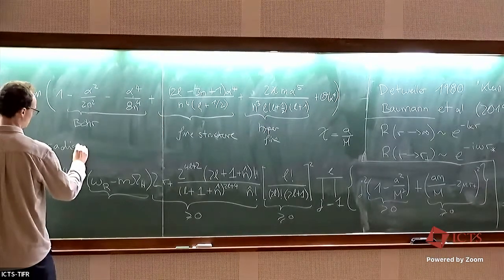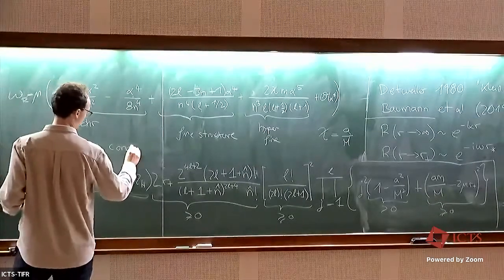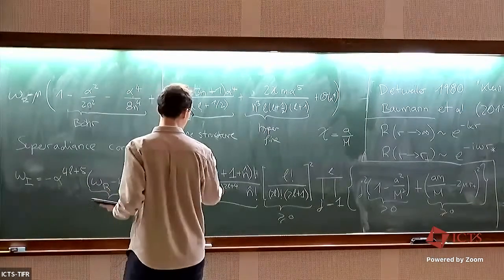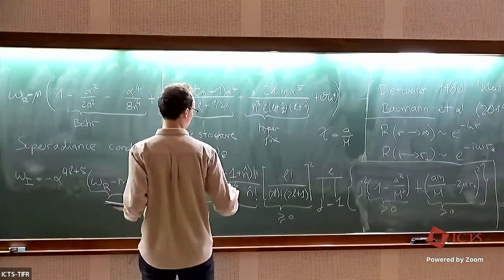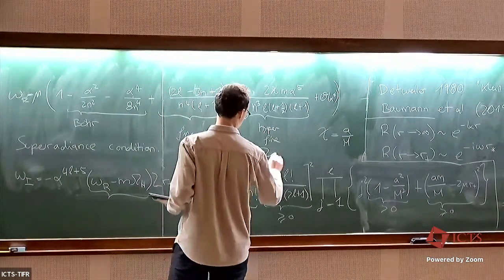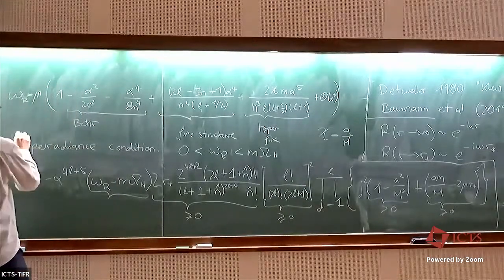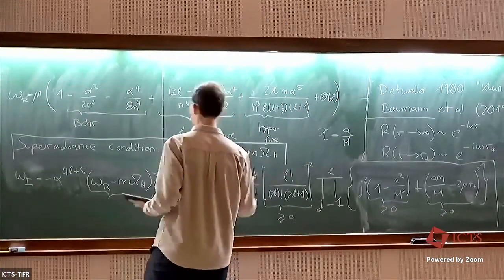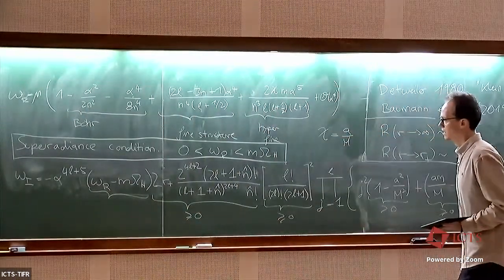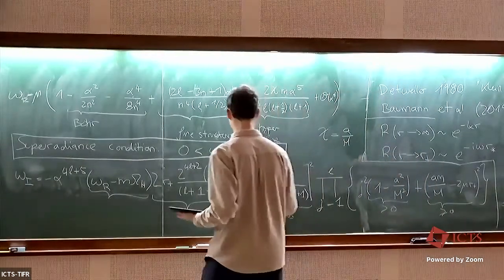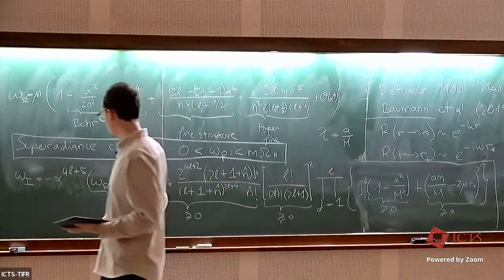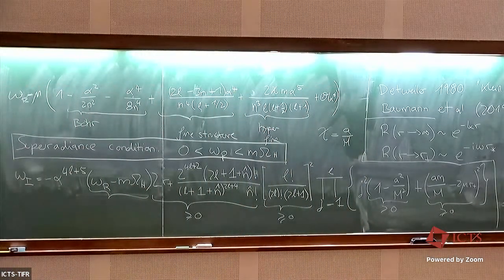Let me make a box around it because it's very important. The superradiance condition is the condition under which omega I is positive.